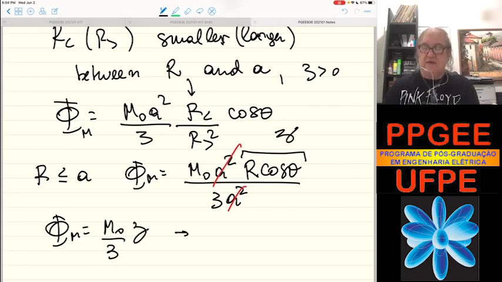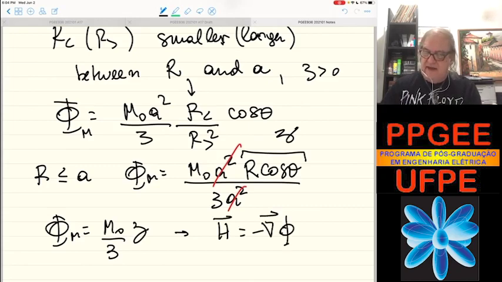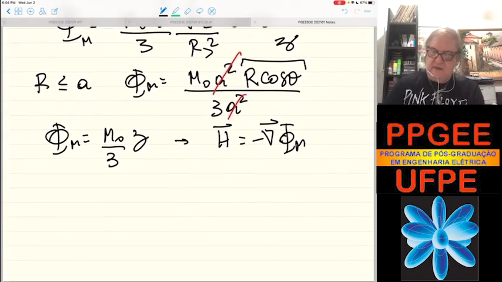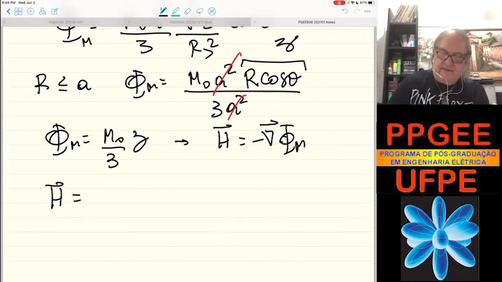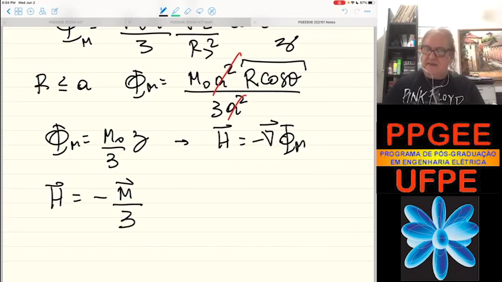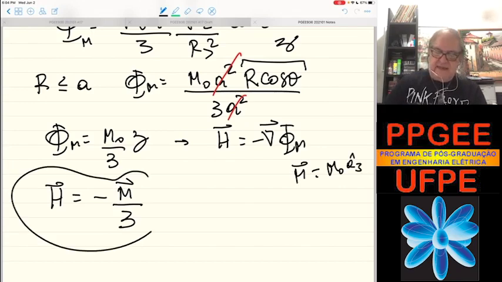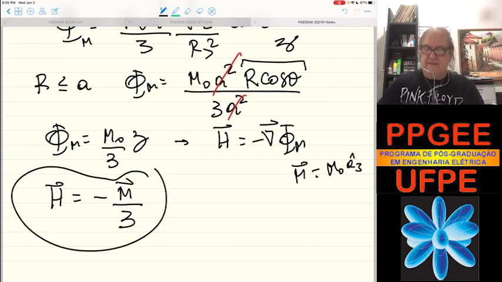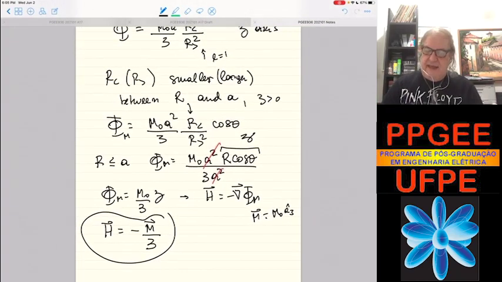The field now is going to be H equals minus gradient of phi m. So inside the field is minus M over 3. M is M0 az. So the field inside is like this. Okay? And what happens outside? Well, outside we have a magnetic dipole, again, a point dipole at the origin equivalently, right?